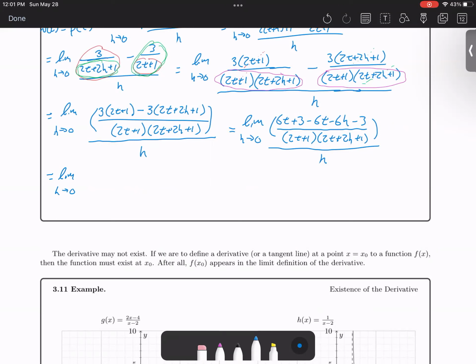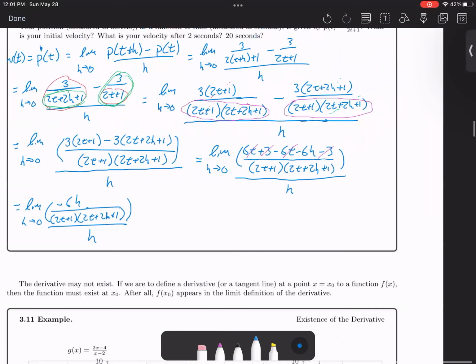All right, but that numerator, we see a lot of cancellation. 6t minus 6t, plus 3 minus 3. You're really just left with a minus 6h over a 2t plus 1, 2t plus 2h plus 1. And then that is being divided by h.